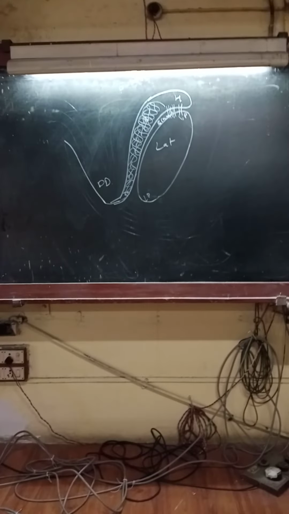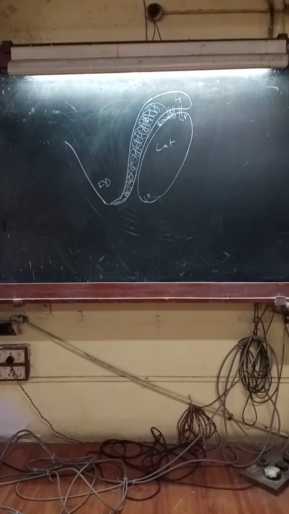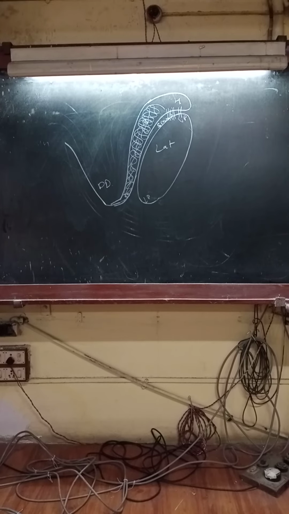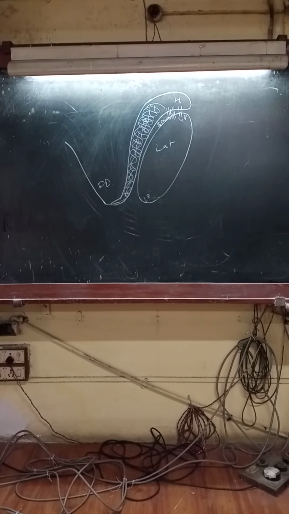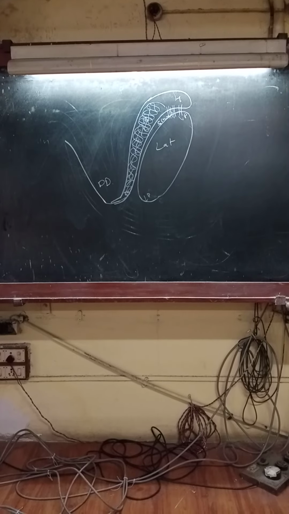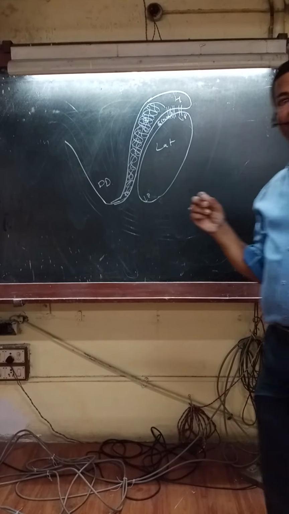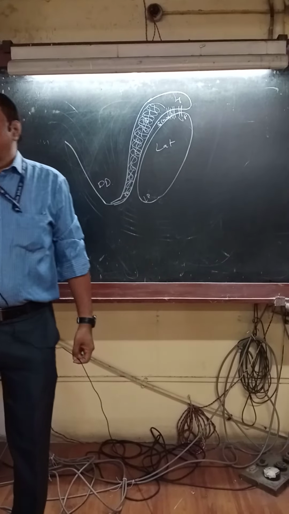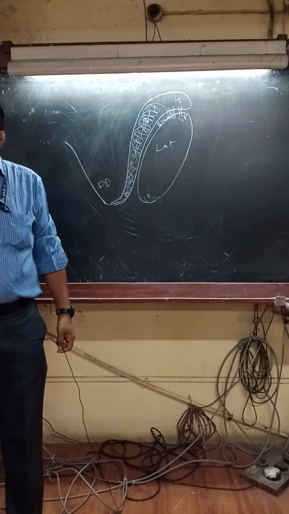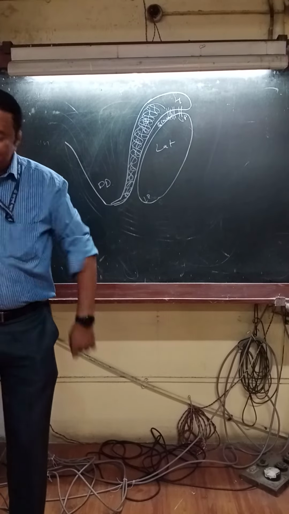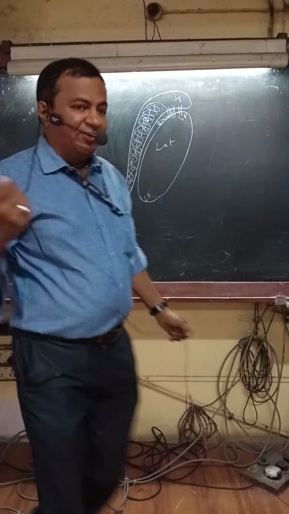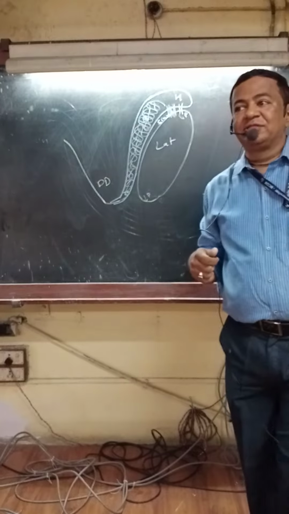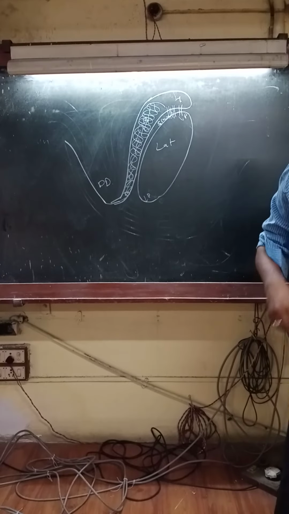So the duct of the epididymis, what is the length? The length of the duct of the epididymis is 7 meters. Sperm is in microns. For it, 7 meters is almost like a walk from Kashmir to Kanyakumari.